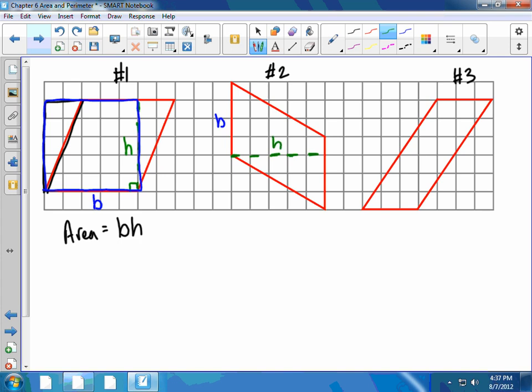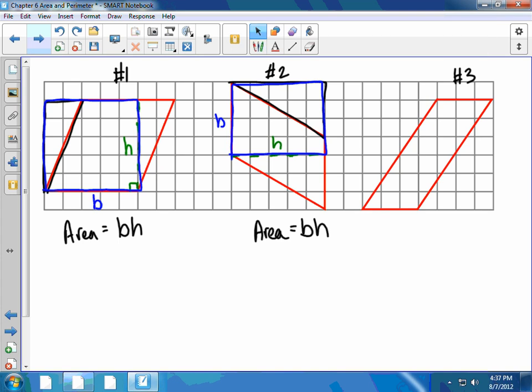And again, I'm going to cut along that height, creating two pieces out of my parallelogram. You can see if I just slide that triangle up to the top and reconnect it to the other piece, I will get another rectangle. And that rectangle has the same base and height as my parallelogram. We didn't add or subtract anything.